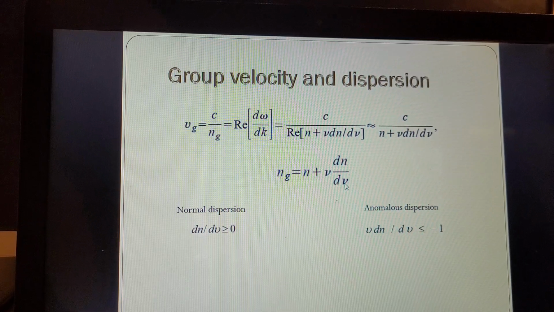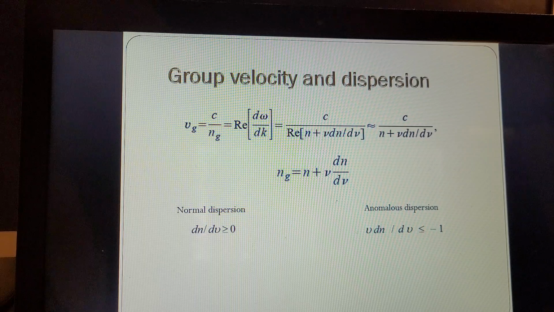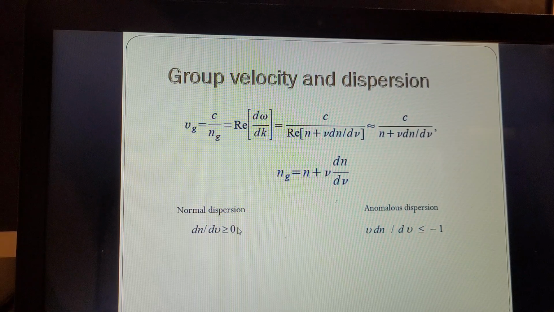So by using this formula, actually you can explain the normal dispersion and also anomalous dispersion. So in normal dispersion, the first derivative of the refractive index respect to the different frequency is larger or equal to 0. But in anomalous dispersion, nu dn divided by d nu is smaller or equal -1.